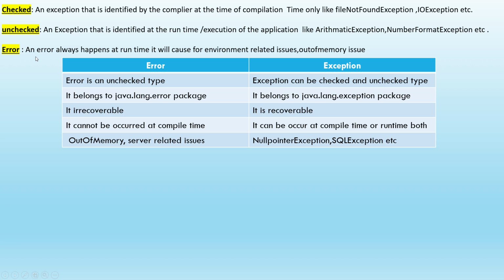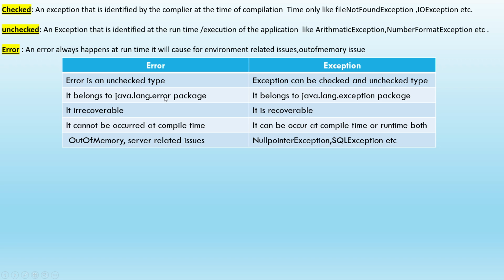Then error. What is error? Error is nothing but an unexpected thing that happens in the application. We do not think about those things, like what type of error will happen at the time of running our application. Maybe some server related issues, some memory issues, those things are nothing but an error. It cannot be handled. If we compare error and exception, error is an unchecked type, but exception can be checked and unchecked type.